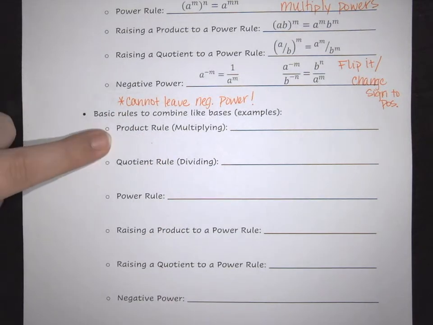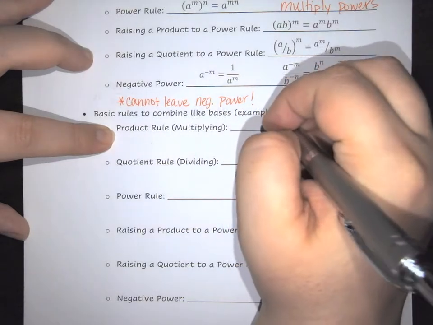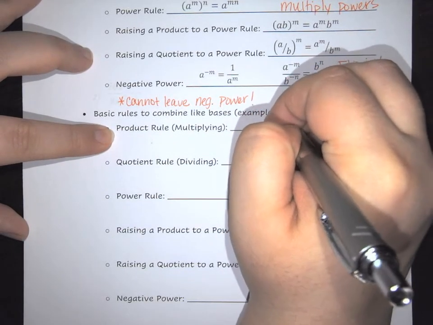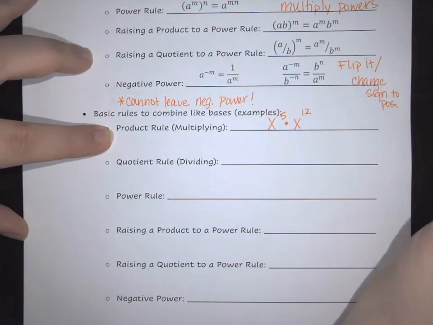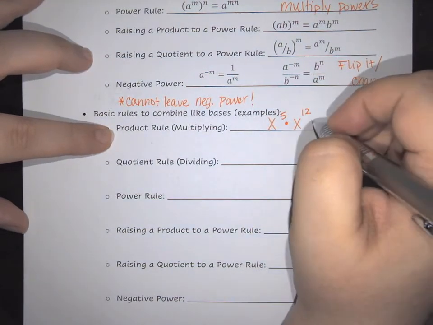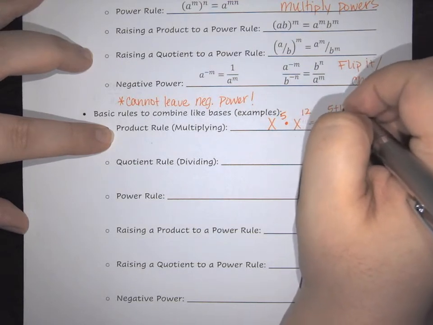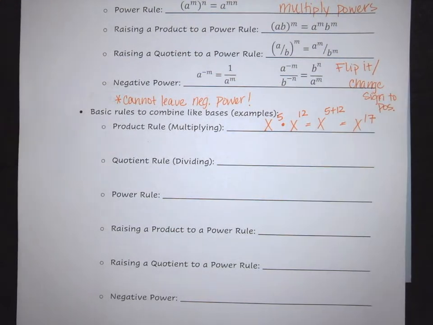So first, if we look at the product rule, for example, let's say that I had x to the 5th, and I'm going to multiply that by x to the 12th. Well, the rule says we add, so this is going to be x to the 5 plus 12, which equals x to the 17. Okay, so you add the powers, you keep the base the same.